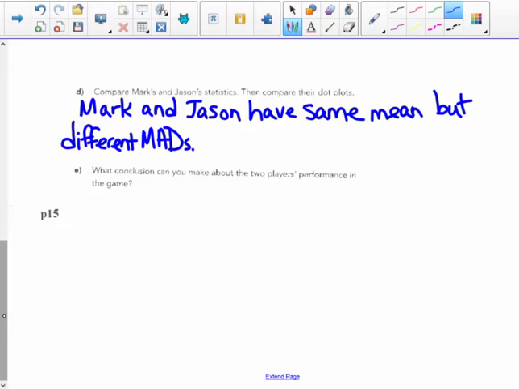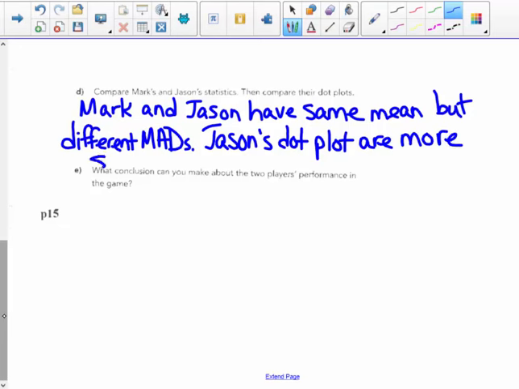Although the dot plot shows that Jason's scores are more spread out, Mark's scores were more clustered. So Jason's dot plot is more spread, while Mark's is more what we call clustered.